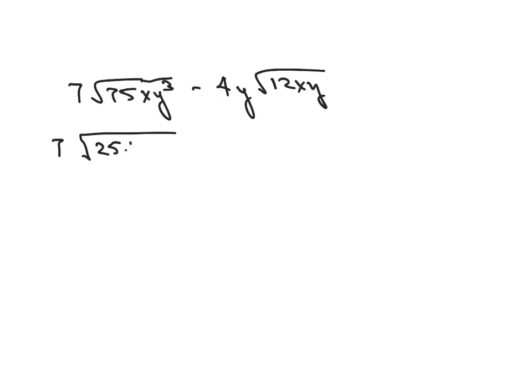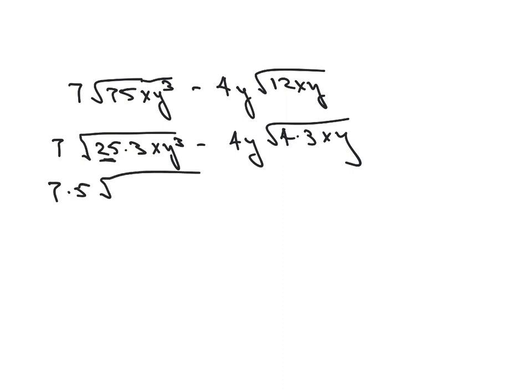So that's 25 times 3xy cubed, minus 4y. Two numbers multiplied together give me 12. 6 and 2, nope, I can't take the square root of one of those. But I can take the square root of 4 times 3xy. Okay, so 7, I'm going to pull the square root of 25 out. And I'm left with 3xy cubed minus 4y.